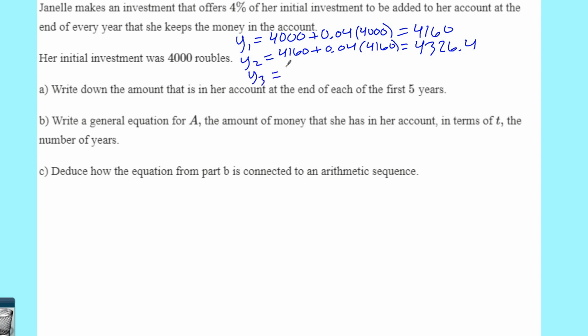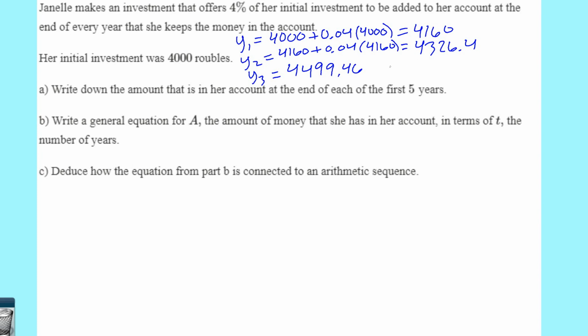Year 3, she's going to have 4,499.46. We rounded. I doubt the bank would round up, but we're going to do it that way.